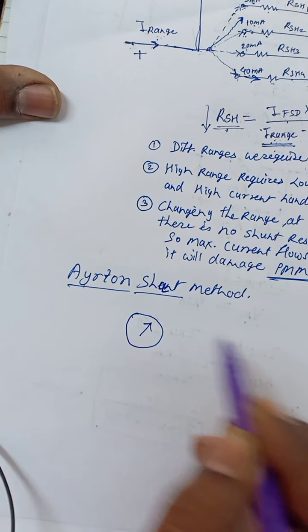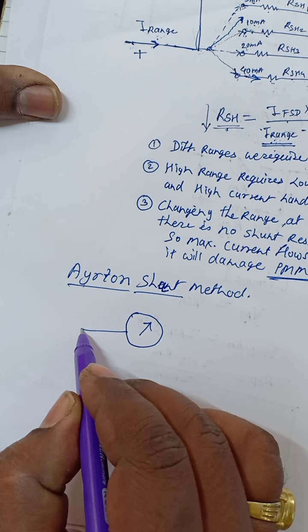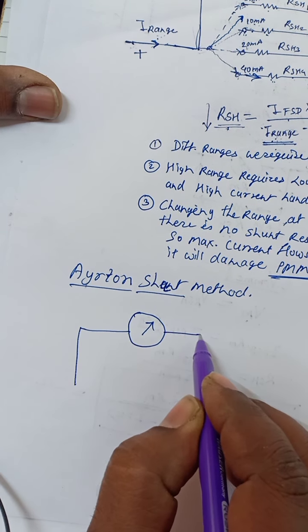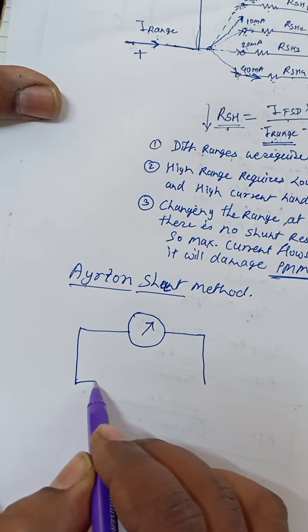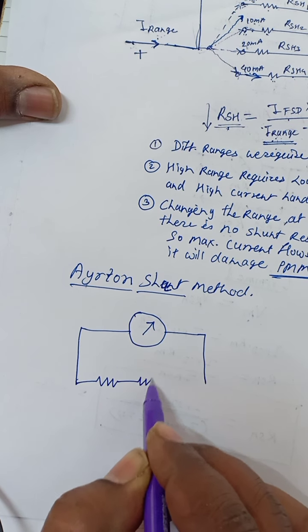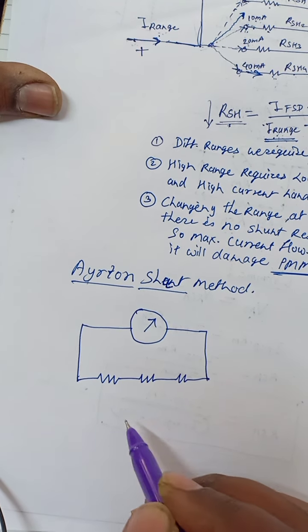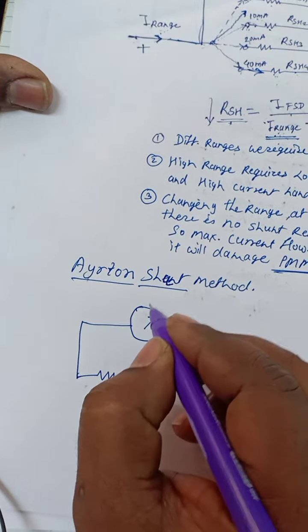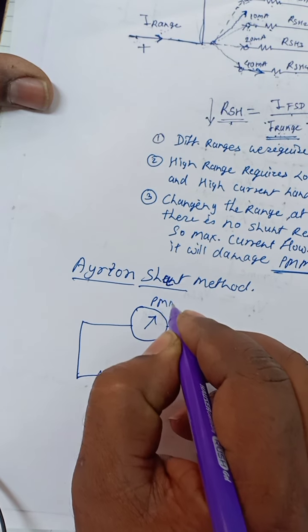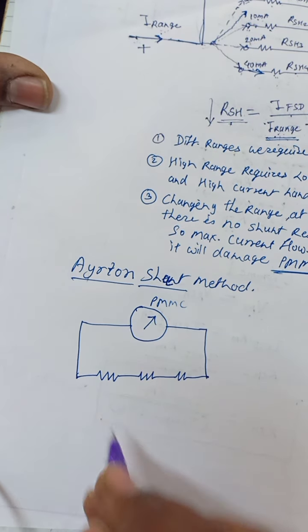So this is the PMMC and we use shunt resistors which are directly connected across the meter.